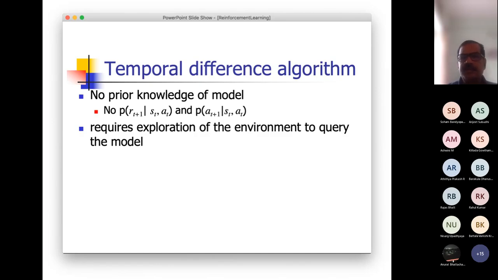So what we have done, instead of computing explicitly the probability density functions to find the expected reward for an action, is maintain a running average.